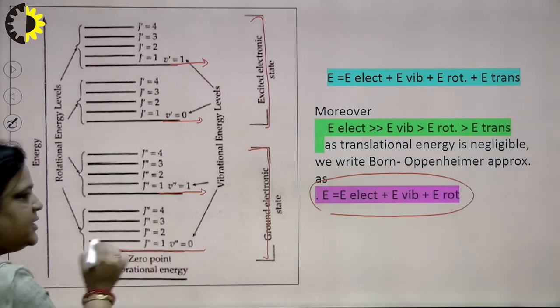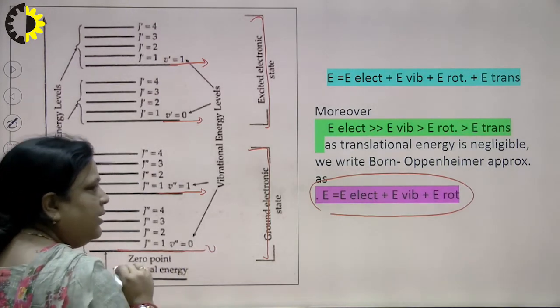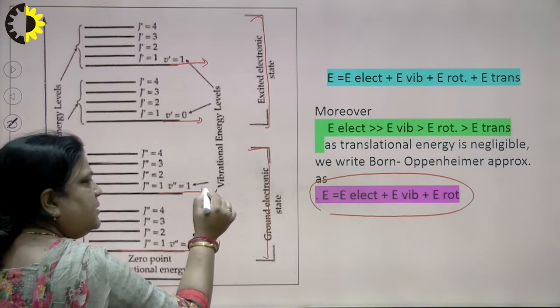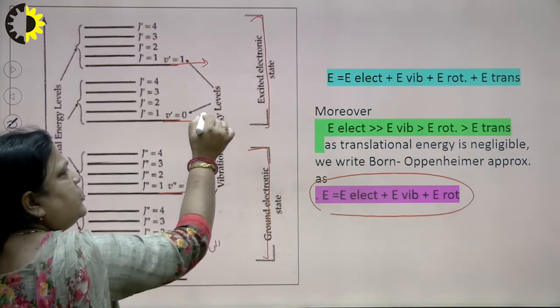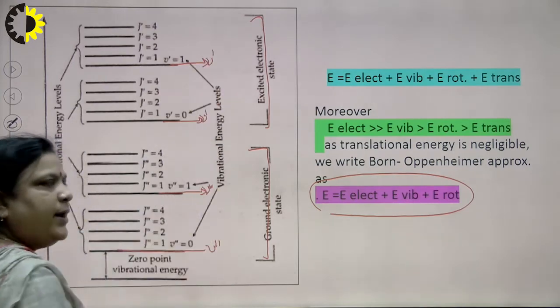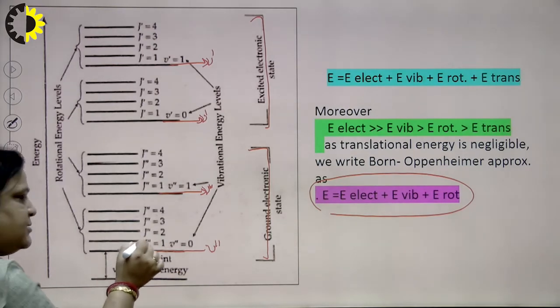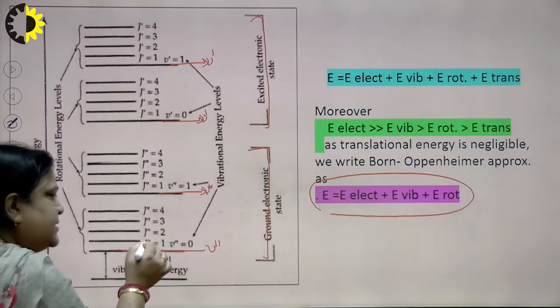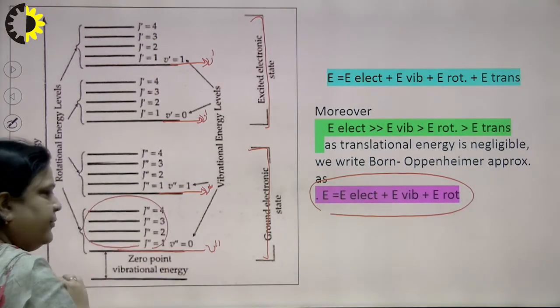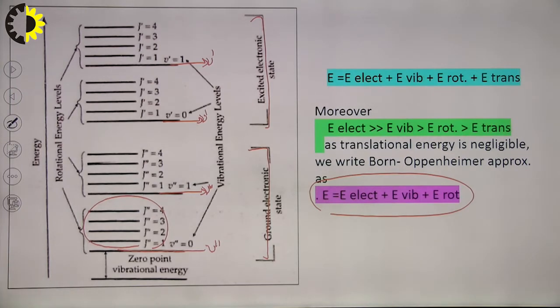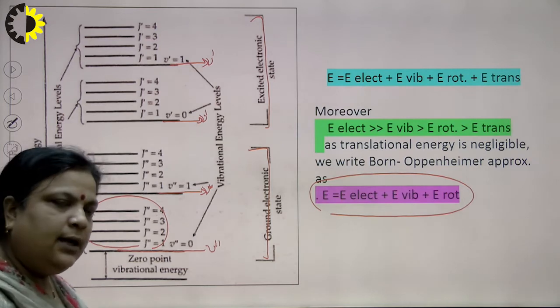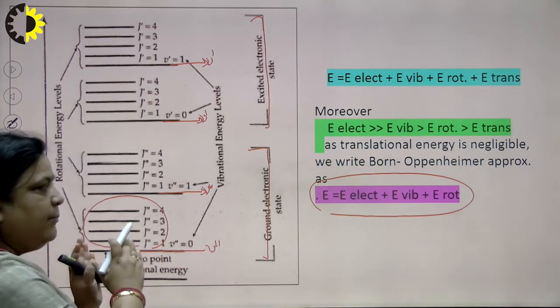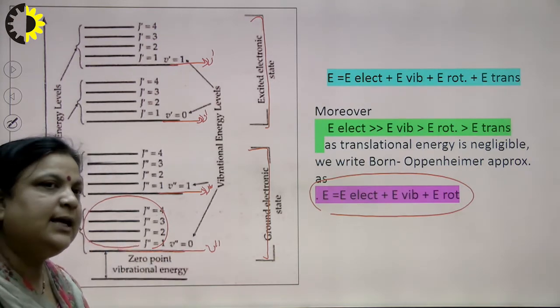These vibrational energy levels are shown by V; V double dash for the ground state, and V dash for the excited state, a simple notation. And these vibrational energy levels are associated with groups of energy levels called rotational energy levels, that is J.